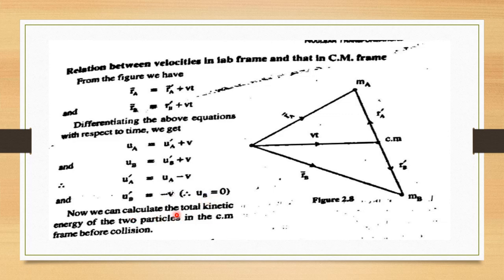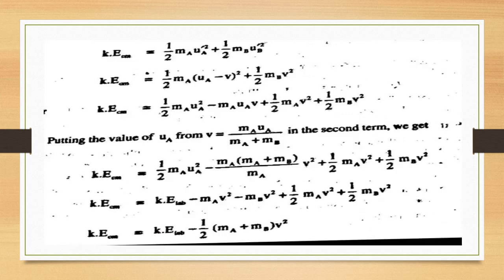Now we can calculate the total kinetic energy of the two particles in the center of mass frame. So kinetic energy in the center of mass is equal to half MA UA dash square plus half MB UB dash square. Substitute UA dash as UA minus V. Solving, also put UA from this equation.